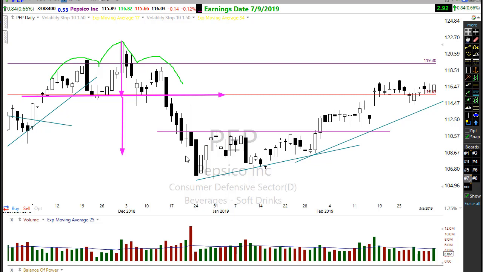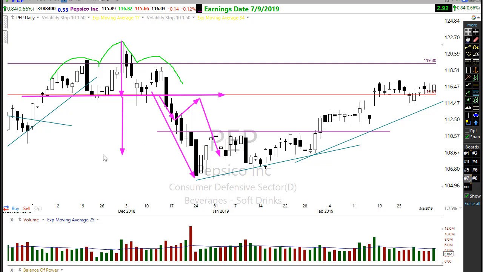And it doesn't necessarily mean that it needs to fall in a straight line like this, right? We fail through support here. What's a typical thing to happen? Retest and then pull back. So they don't have to fall in a straight line.